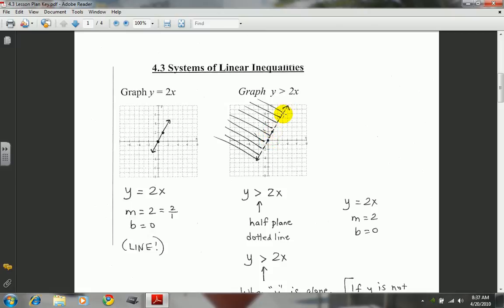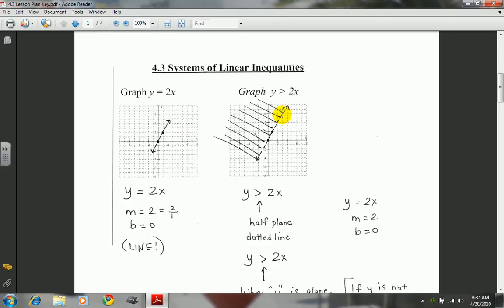This time, however, when we connect the dots, I want you to look at the original inequality here. Greater than does not have an equal to under it. Therefore, it means my solution set of ordered pairs does not include the points on the line.